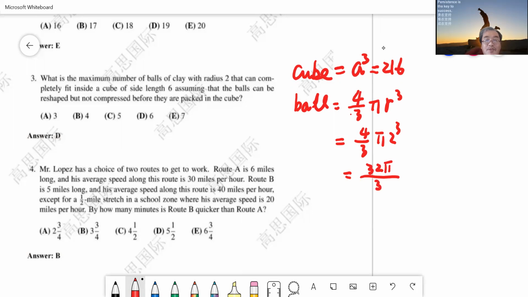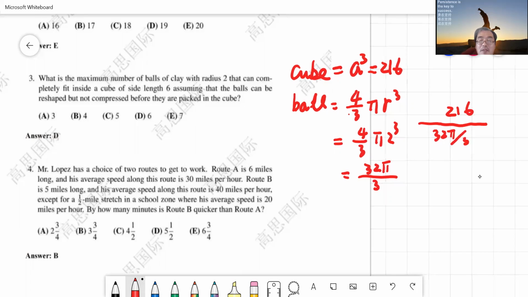Right. So then we just see how many of these balls fit. So we just do the dividing: 216 divided by 32 pi over 3. I think to estimate, because pi is about 3, we can quickly estimate.